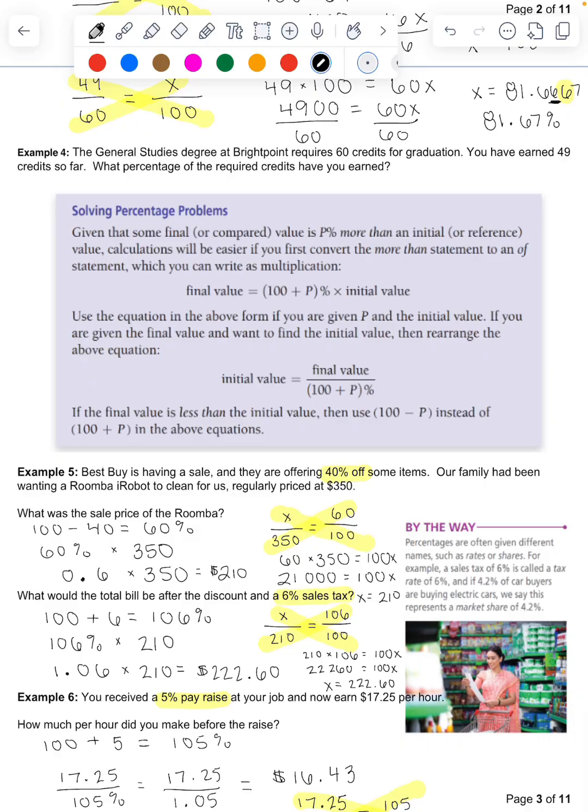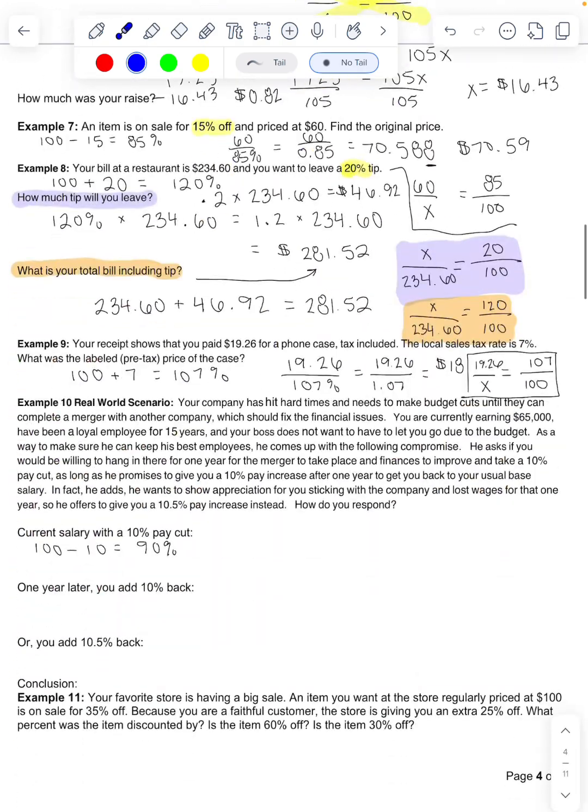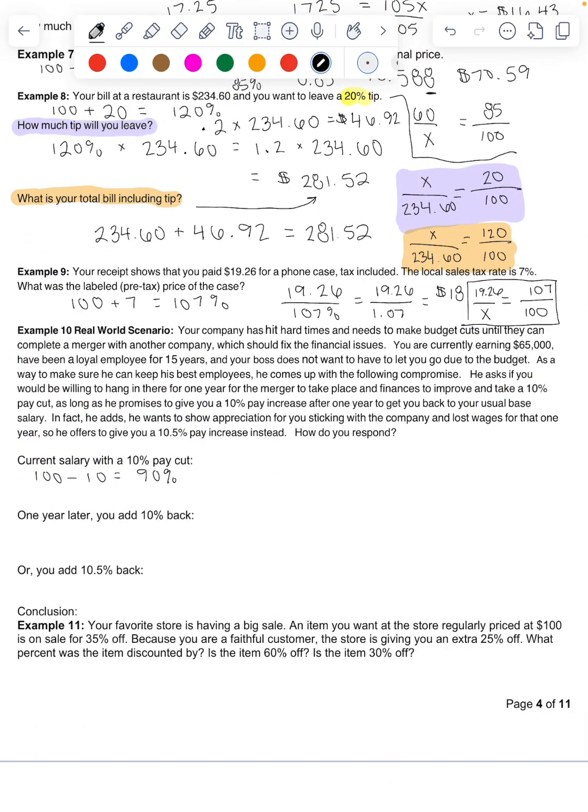I want to find the final value, so I'm going to do 90% times my initial salary. 90% times 65,000, which is 0.9 times 65,000, and I get that I'm going to be making $58,500 for that year.